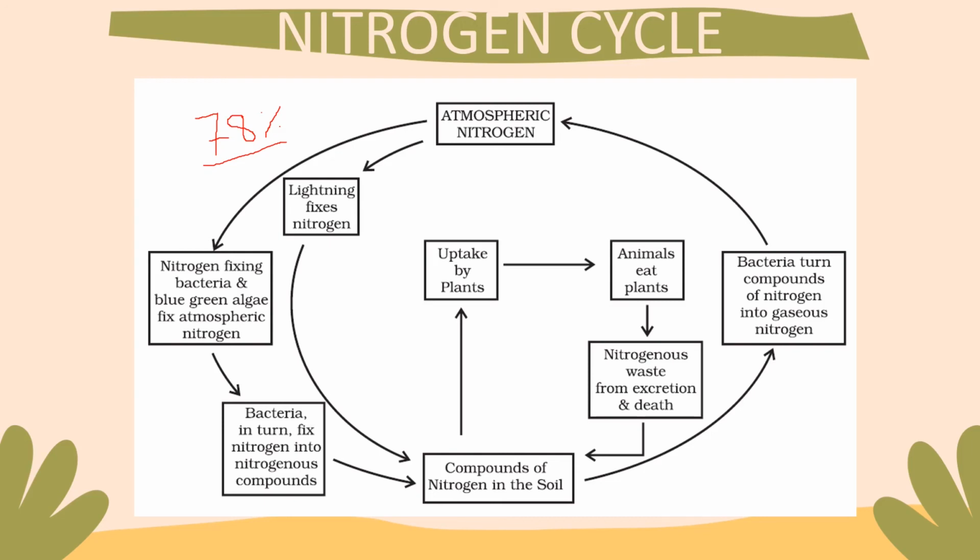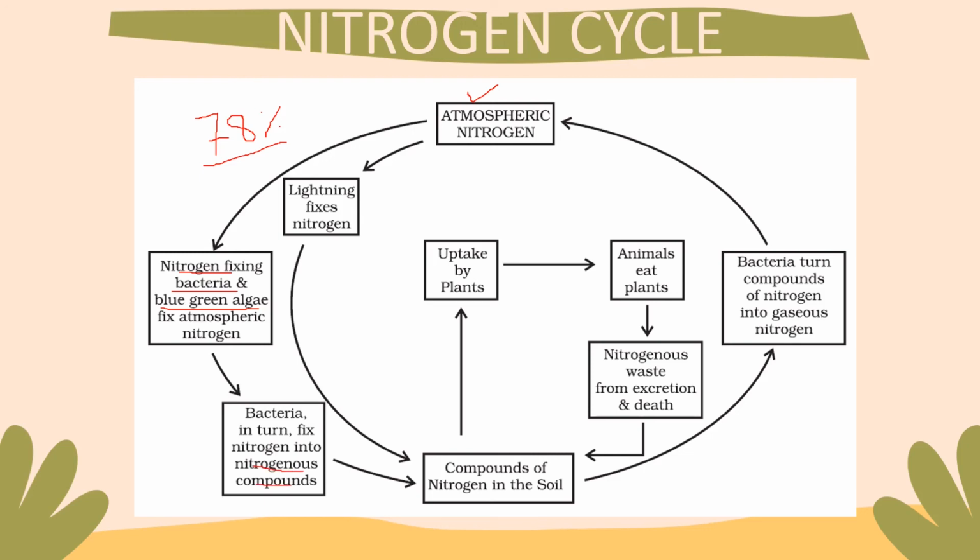We will discuss this while we learn the nitrogen cycle. So this is the atmospheric nitrogen. This is taken by the nitrogen fixing bacteria, as we read, the rhizobium bacterium or the blue-green algae, and converted into nitrogenous compounds.